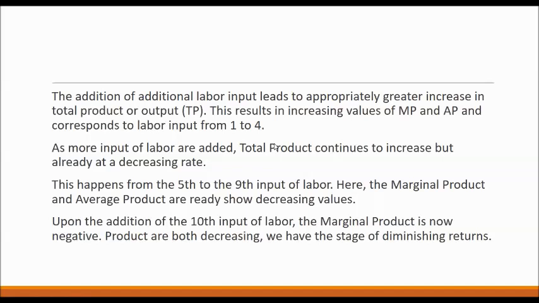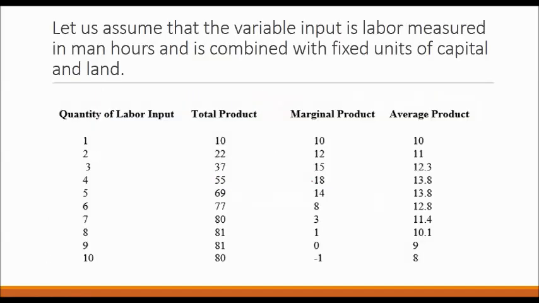So if you see, in the quantity of the labor input, as the quantity of the labor input increases, the total product also increases, like 10, 22, and at the quantity of 4, it becomes 55.